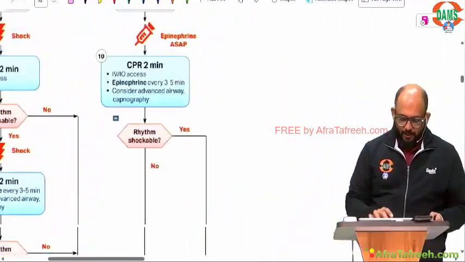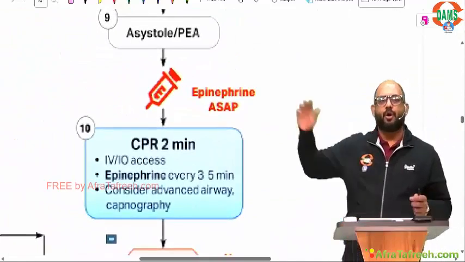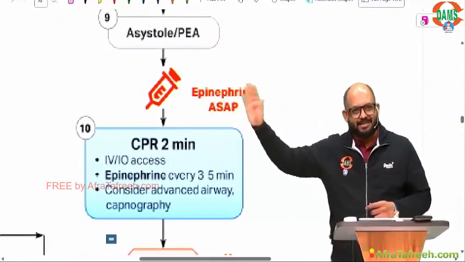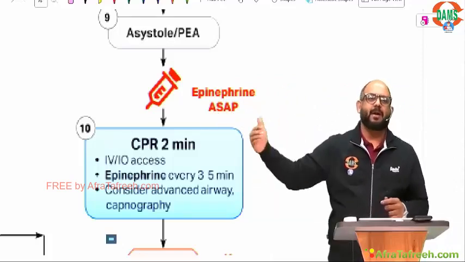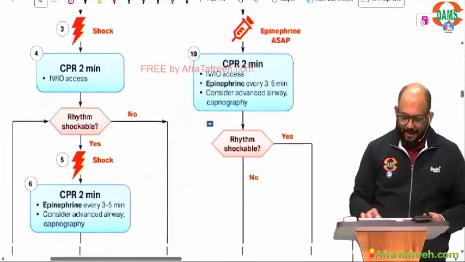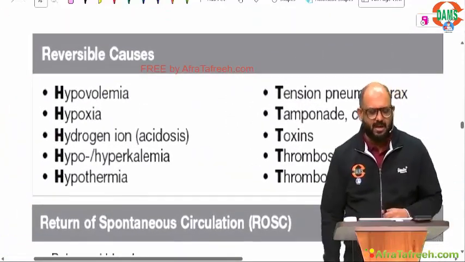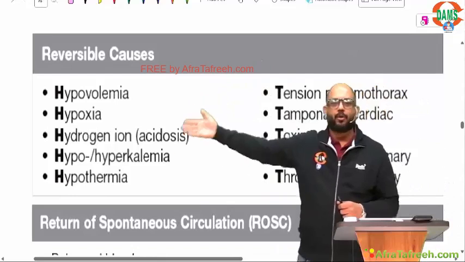At any point of time, if the rhythm is non-shockable, now the guideline is give epinephrine ASAP and continue CPR and keep giving epinephrine. In the meantime, your team leader will start thinking in terms of how to reverse this cardiac arrest.